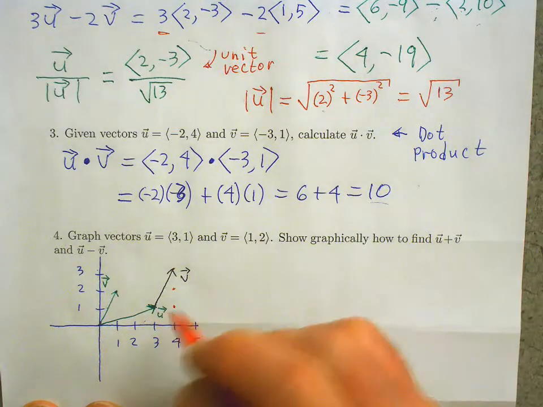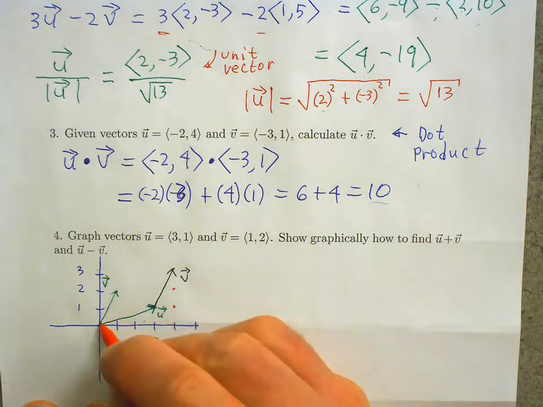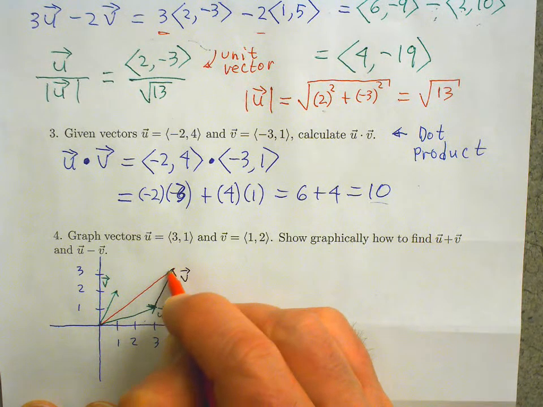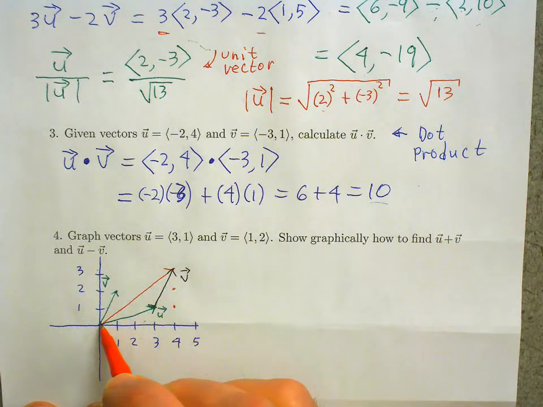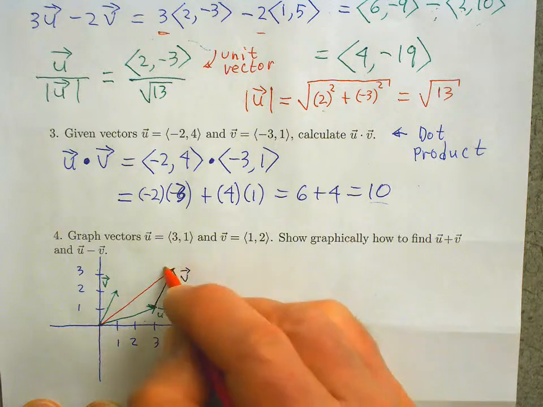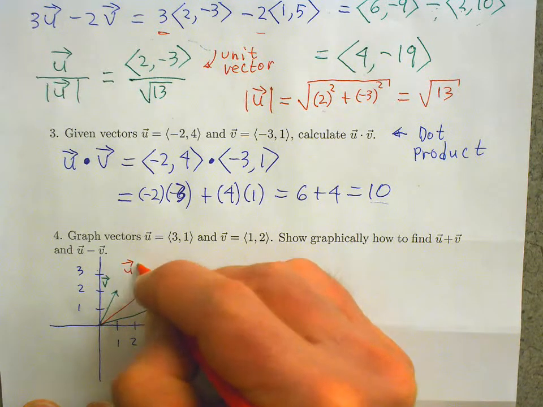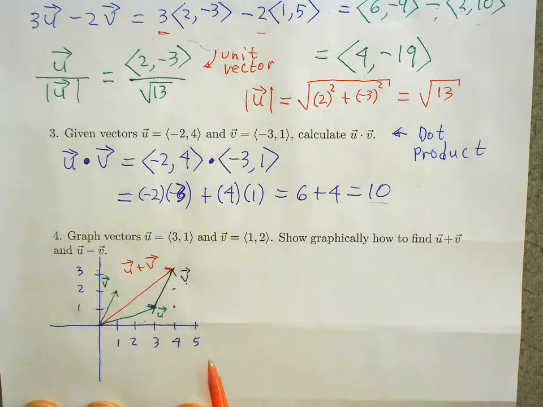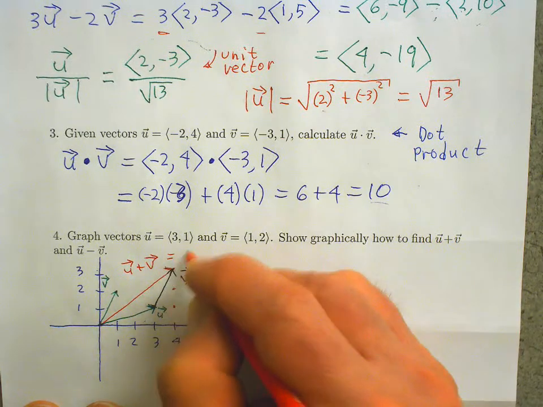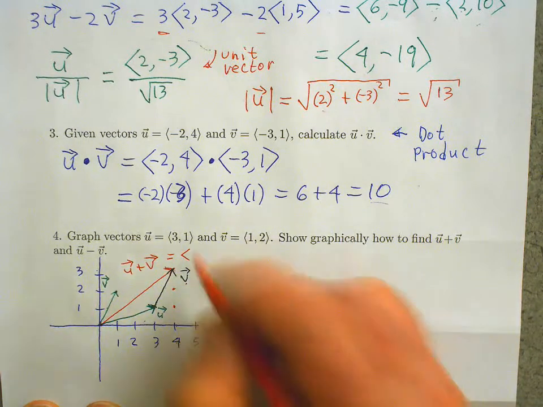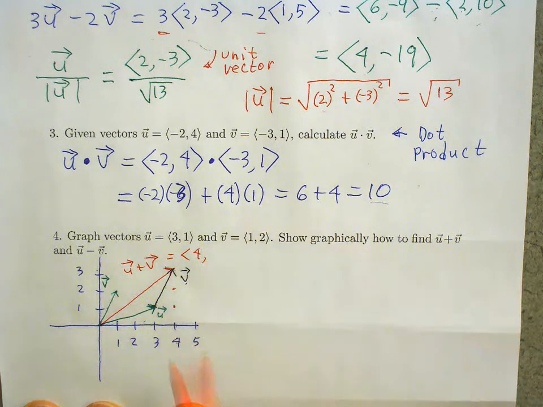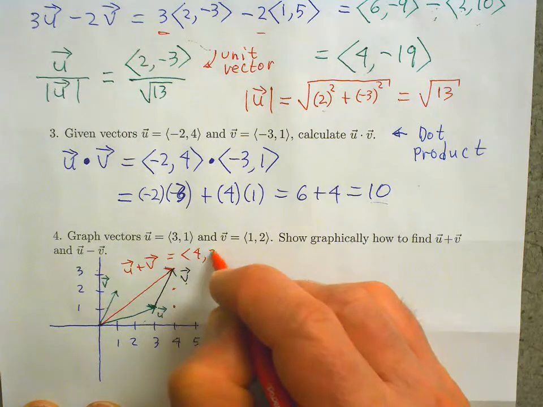And then vector u plus v is represented by this vector. So we connect the initial point of vector u to the endpoint of vector v, and that is u plus v. So if our picture is accurate, it looks like u plus v has a first component of 4 and a second component of 3.